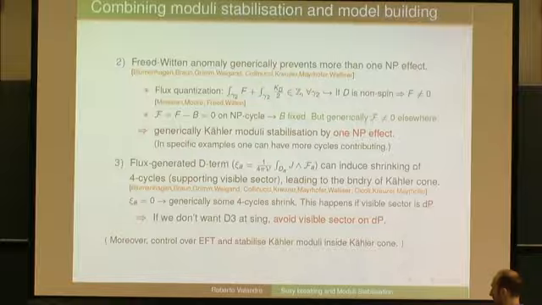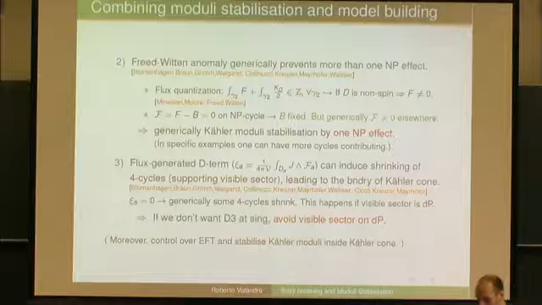I said this is the mildest one because actually it's not always true that the curly F must be equal to 0. This is better for the gaugino condensation, because you don't want extra matter that can spoil the gaugino condensation.